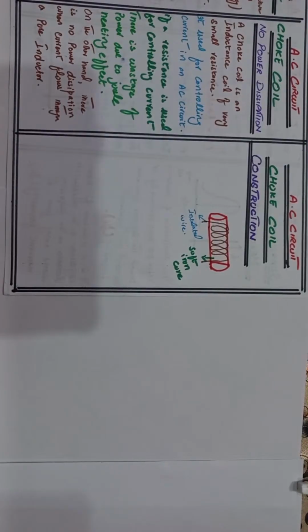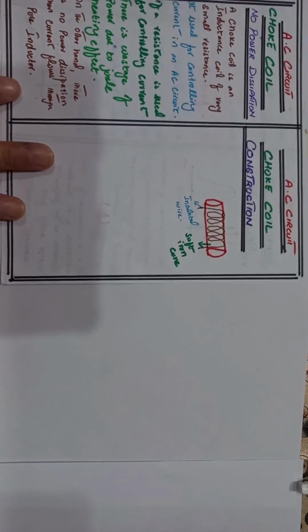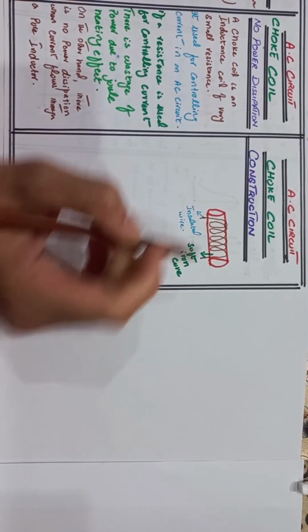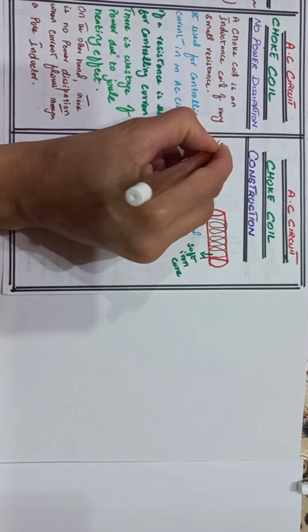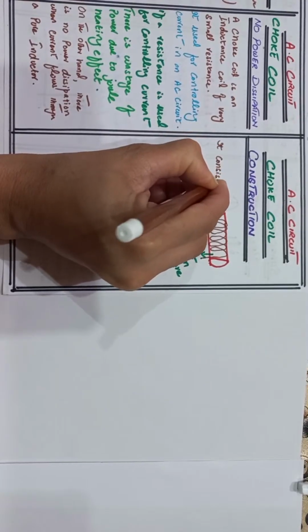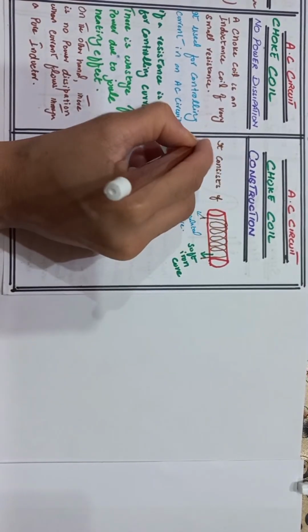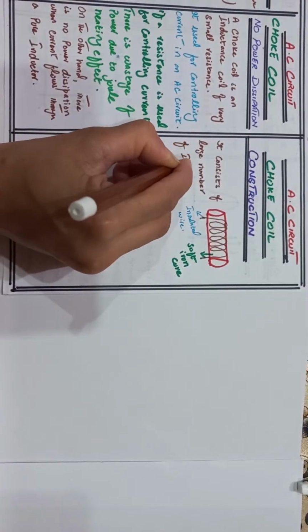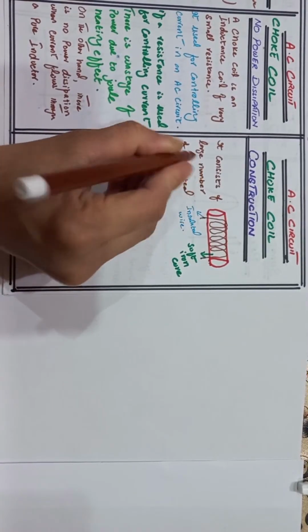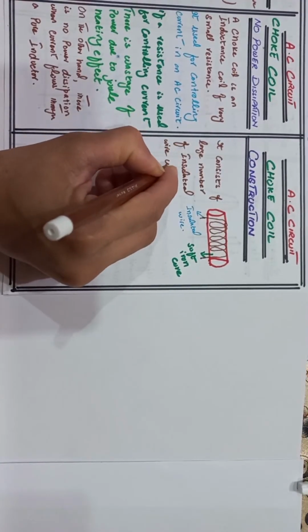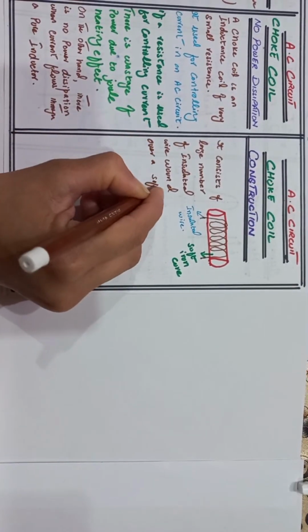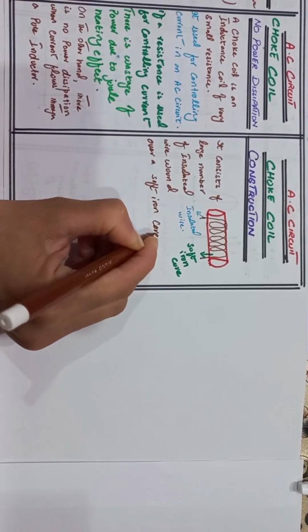So here we write that it consists of a large number of insulated wire wound over a soft iron core.